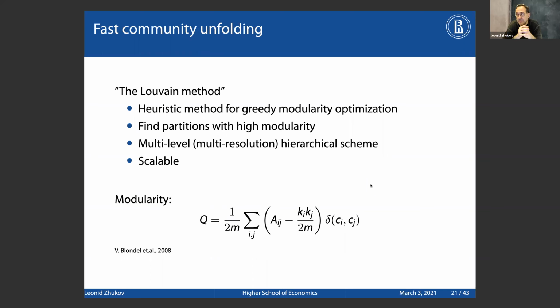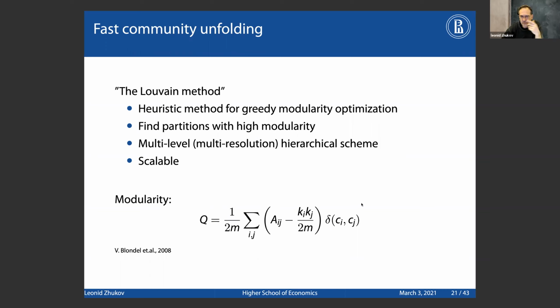Because we know that the optimal partition has the highest modularity score, so let's try to do steps that will increase it. It's a greedy algorithm, so we will not always succeed or get the best partition. But if we repeat it multiple times or do something else smart, we might actually get a pretty good solution. So how does it work?